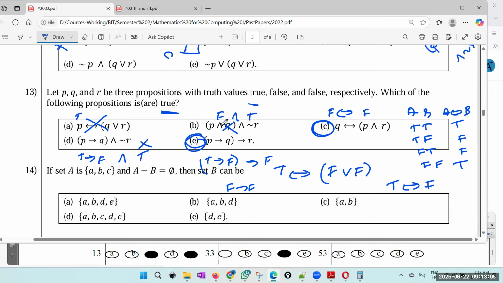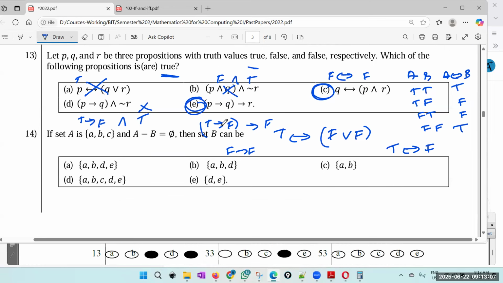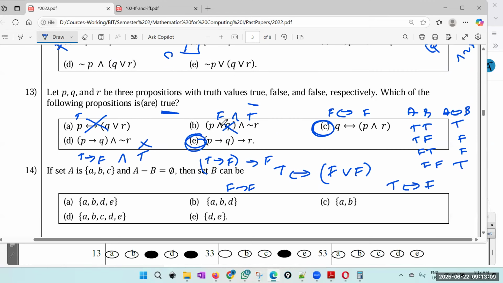Sir, if it is false implies true, is it false or true? The truth table for implication is this: A, B, A implies B. True, true is obviously true, because you say A implies B, A has happened and B has happened. True, false is false, because A has happened but B has not happened, so your logic is false.